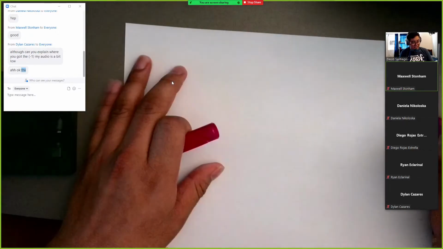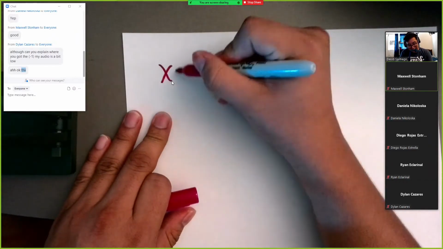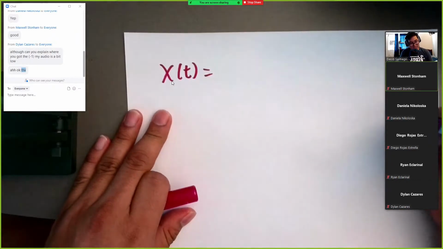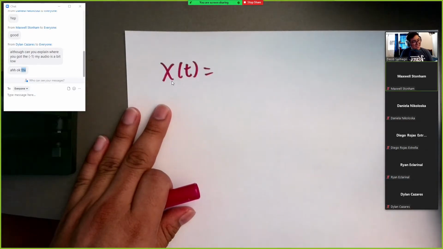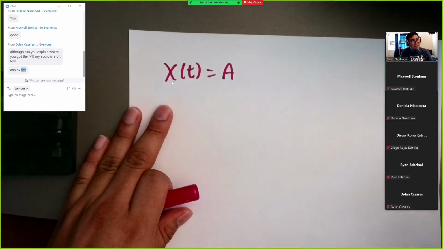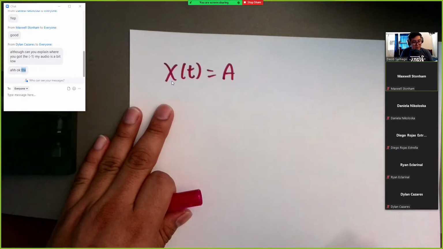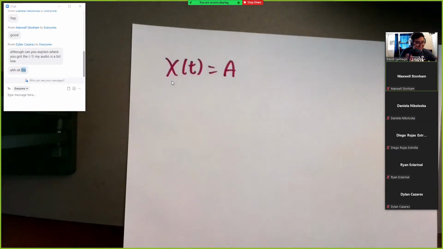So as an engineer, we want to have a basic case. x(t). All signals have some type of amplitude, amplitude A. However, and you'll learn this later when we get to the Laplace transform, that's the word for today, Laplace.